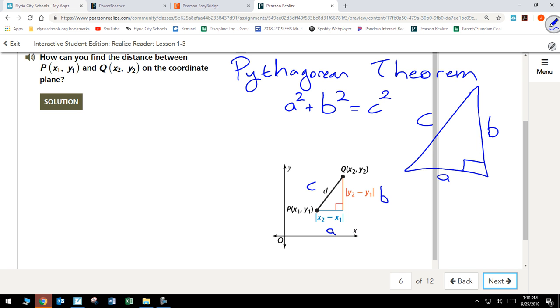Now, given a triangle, they're going to tell you what those numbers are that you're using in the Pythagorean theorem. Here, our extra step is going to be finding that distance ourselves. So finding the sides of the triangle is going to be similar to what we did before, where you're finding the difference of where you started in your x and where you ended with the x.